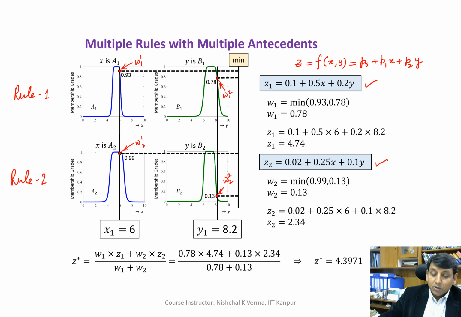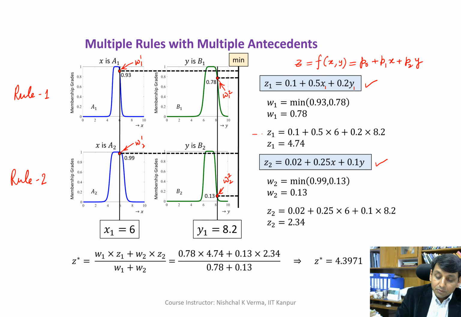So now if we use the set of inputs x1, y1, then we get Z1.